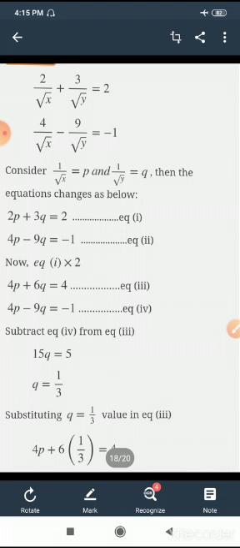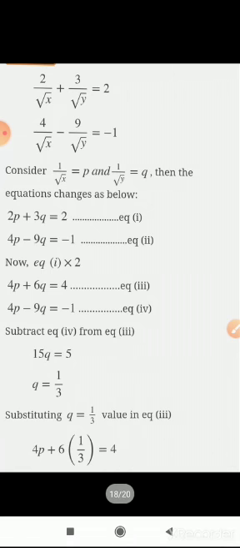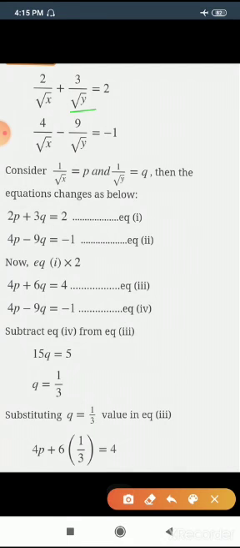Then the equations will be changed like this. 2p plus 3q is equal to 2, and the second equation, 4p minus 9q is equal to minus 1. So now they are changed into the general form of a pair of linear equations in two variables.